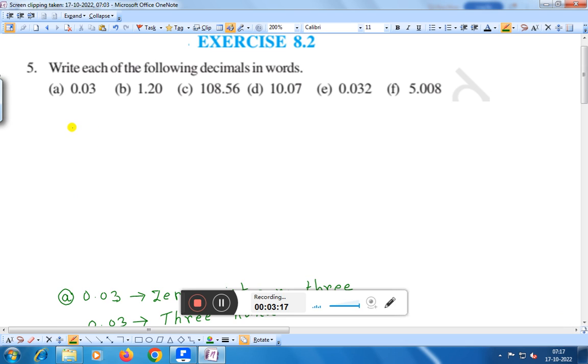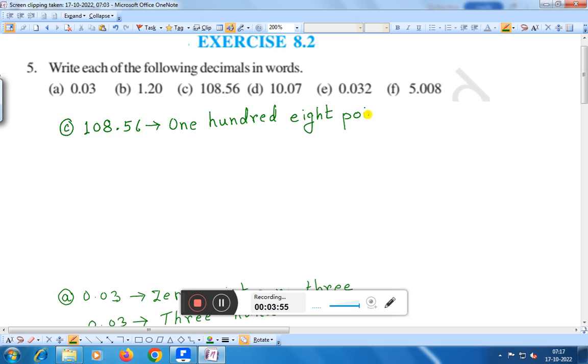Question number C is 108.56. You cannot say fifty-six, you have to say five six. Therefore you can write here, this is the ones place, this is the tens place, this is the hundreds place. Therefore you can write 108 point 5 6.